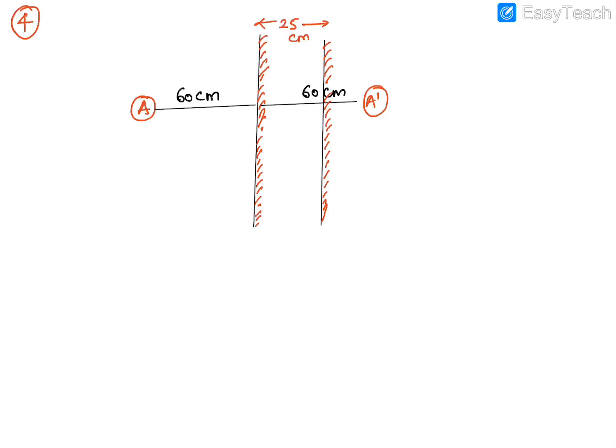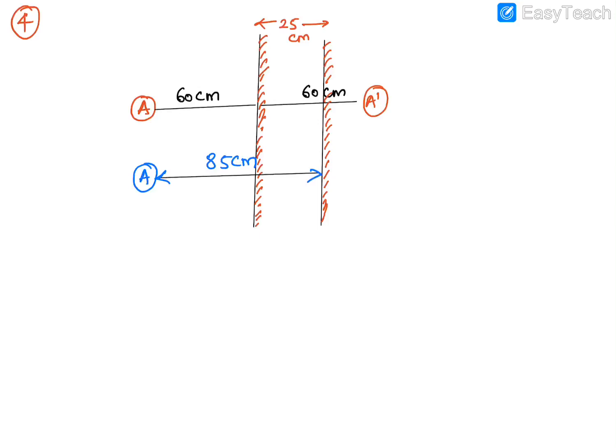Your object is still here only, guys. I'm naming it A again. And what is the new distance from the mirror? It is 60 plus 25, so it will be 85 centimeter. That's the distance from here to here.